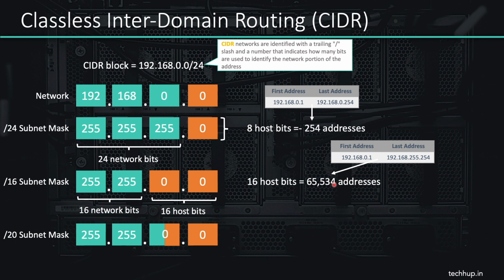Now, what about a /20 subnet mask? Is that even possible? Well, in the context of classless interdomain routing, that is pretty much achievable.